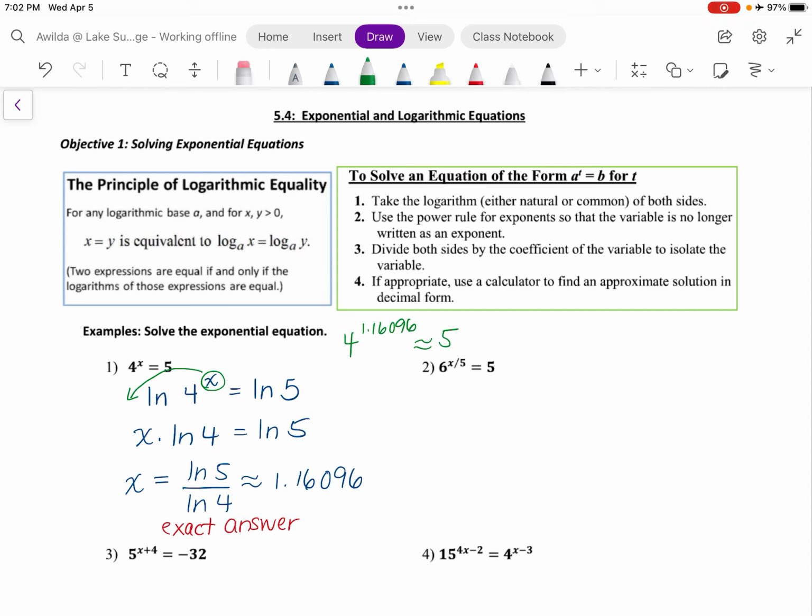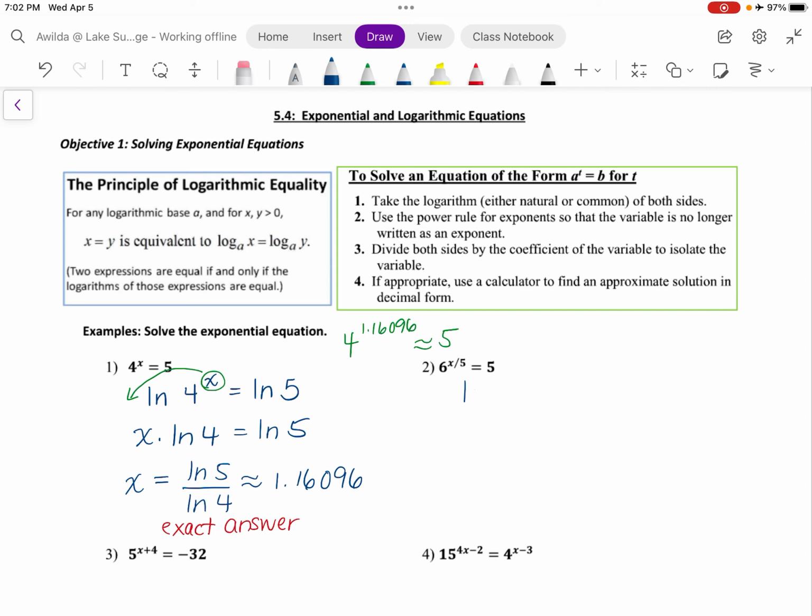In example 2, we have 6 to the x over 5 power is equal to 5. Similar to what we did in the previous example, we can take the logarithm of both sides. This time, just to show you that using a different base also works, I'm going to use the common logarithm, which is the logarithm base 10.